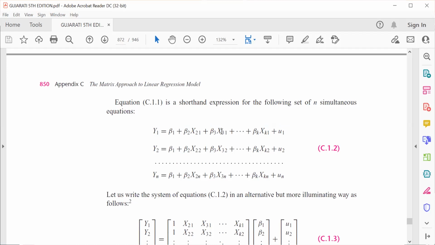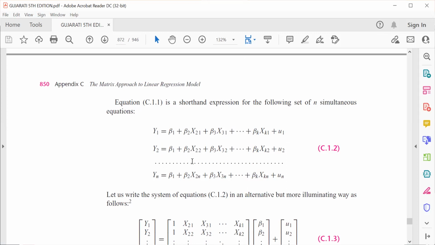Same for x3, we have number 3 for the third variable, and the first sample, until beta k xk1. We can also write down the second sample: Y2 is equal to beta 1 plus beta 2 x2 2 until beta k xk2 plus the second residual.